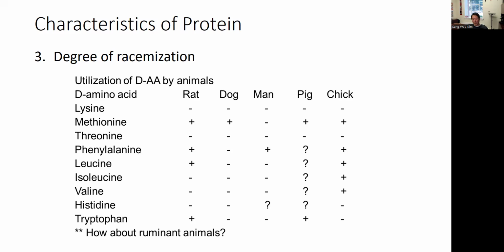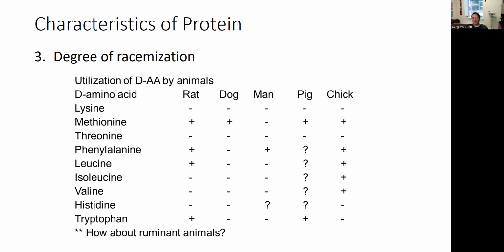So bacteria, rumen bacteria will modify the amino acids. Right? So their ability will be largely influenced by the ability by the rumen bacteria. Okay?